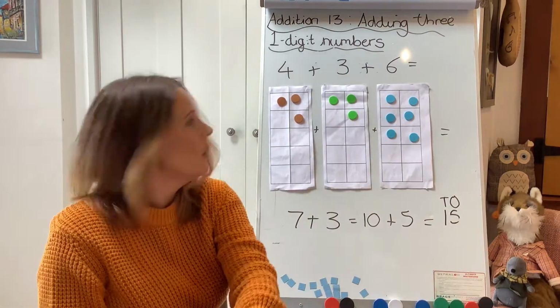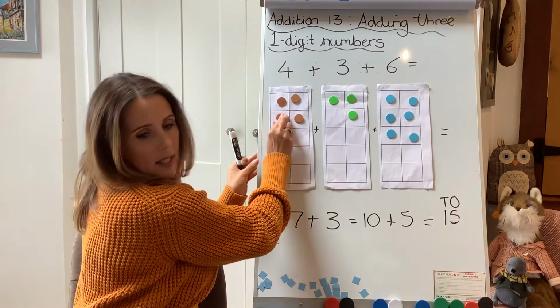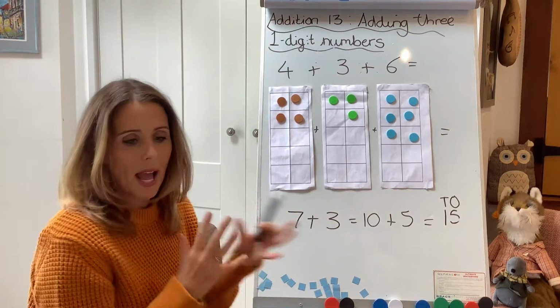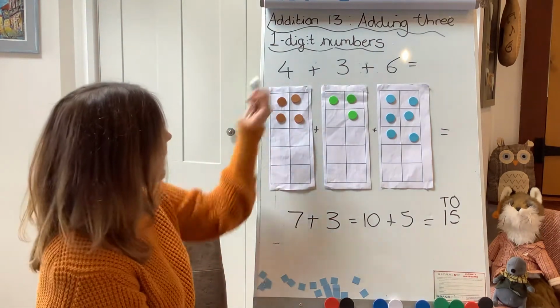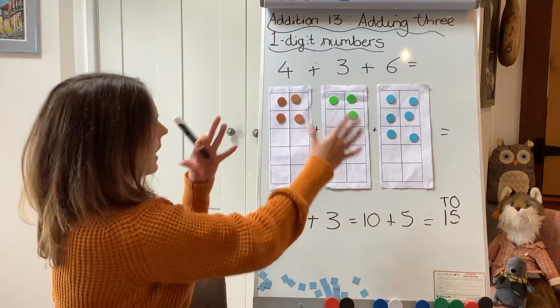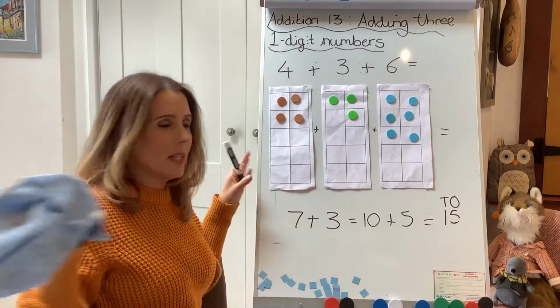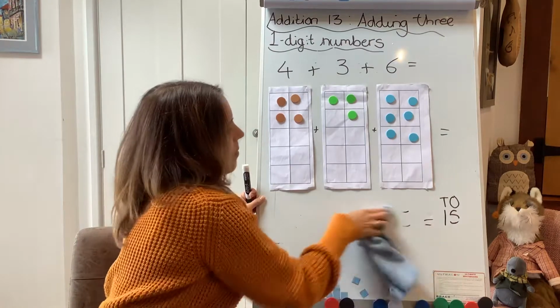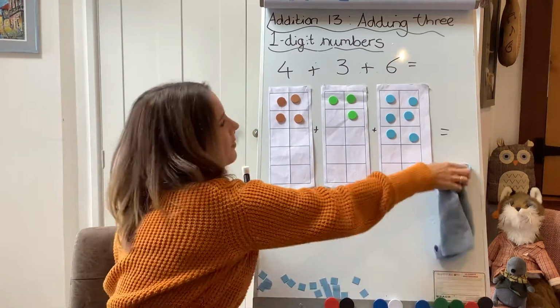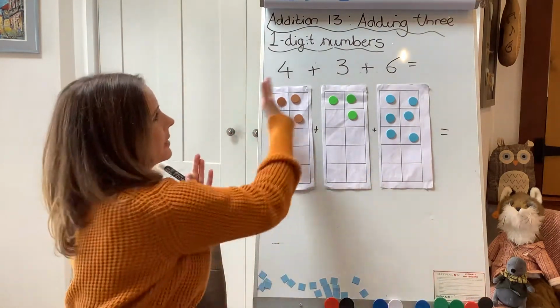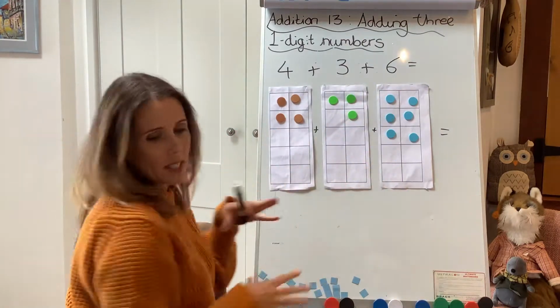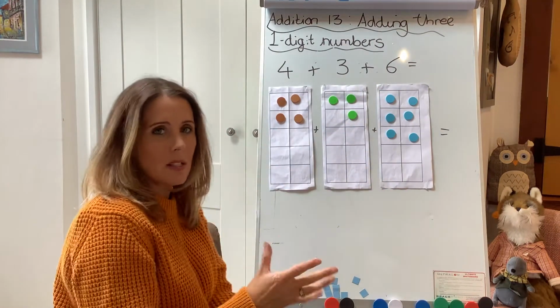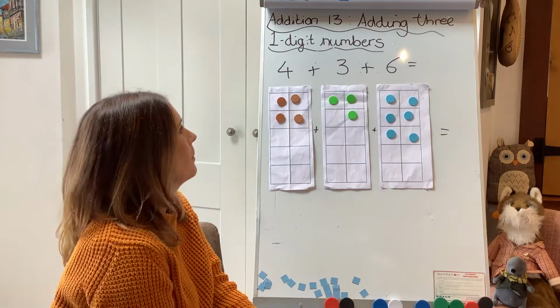So we've got 4 and 3 and 6. Can we change the order we add them to make it easier? Why are we allowed to change the order? What is it about addition, about the numbers in an addition sentence? When we add together any groups of objects, what is it about them? Do we have to add in the order that they are presented? Can we move them around to make it easier for us to do it?